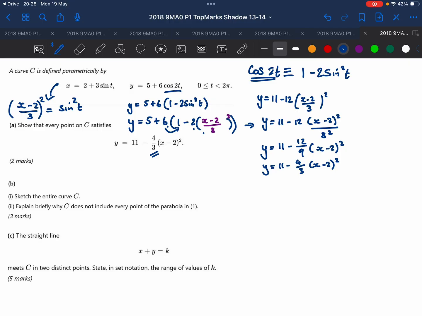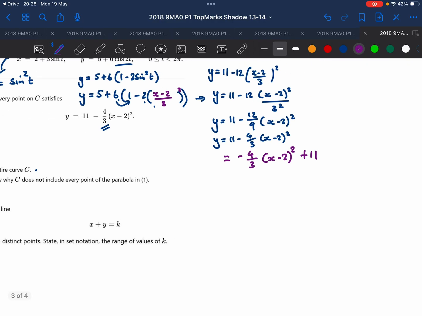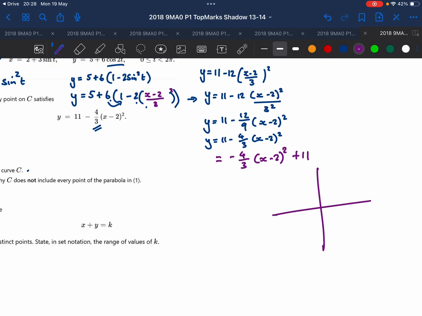Sketch the curve. So sketching the curve is not going to be necessarily the easiest thing here. This is not too bad to sketch because you know some things about this curve. If you rewrite it as minus 4 over 3 x minus 2 squared plus 11, you'll hopefully see that it goes through the y-intercept at 11. It's a negative quadratic of some kind.